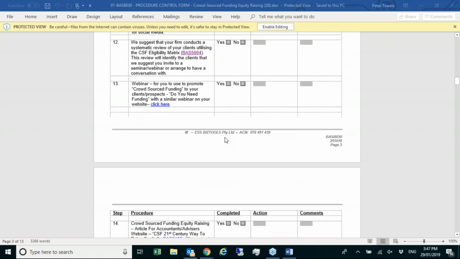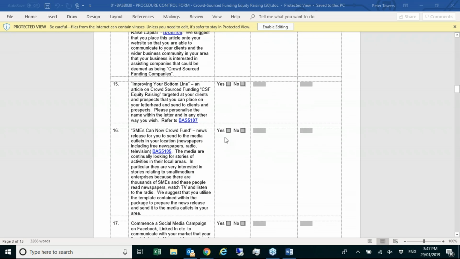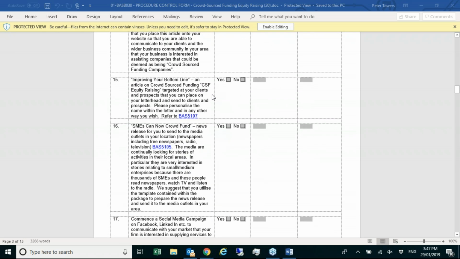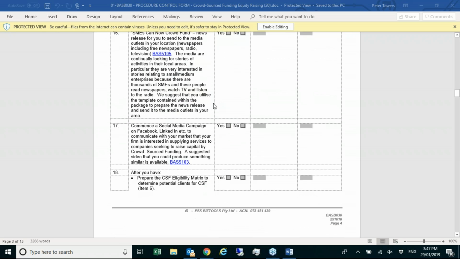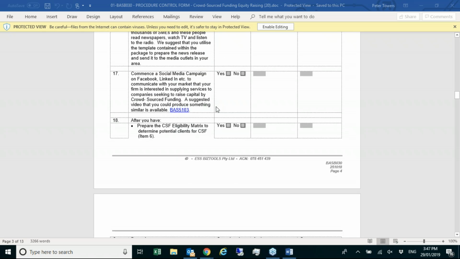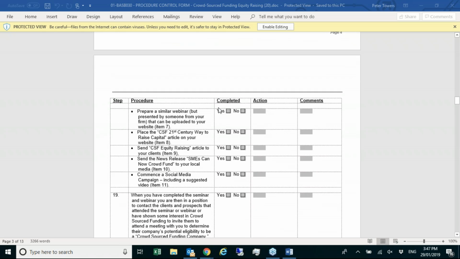Okay, so there's a bit of other marketing material there we've gone back to, so you can now click onto that on articles. An article we call Improving Your Bottom Line, which we produce periodically on a particular subject. So the whole idea of that is that's something you could email to your clients. There's some material there on starting a social media campaign. So we think the marketing is very important.